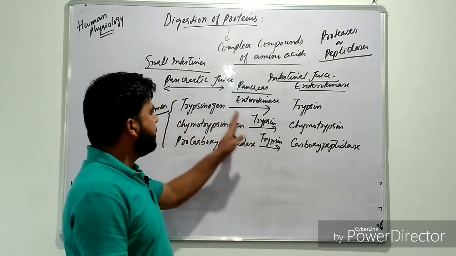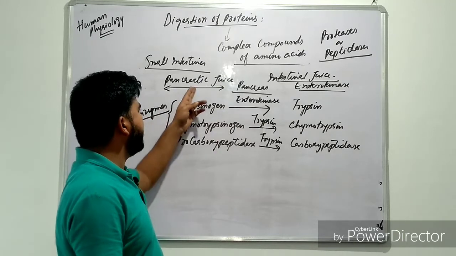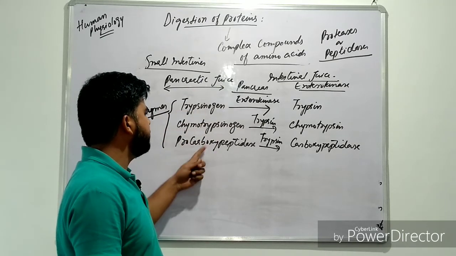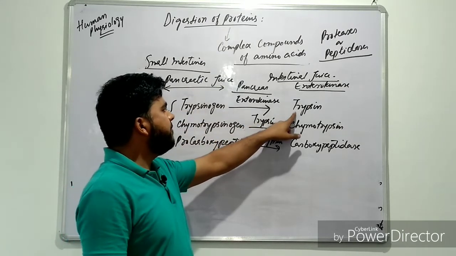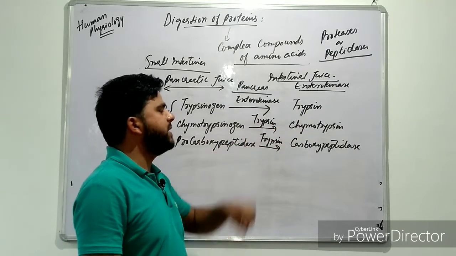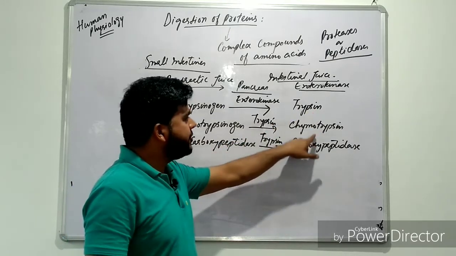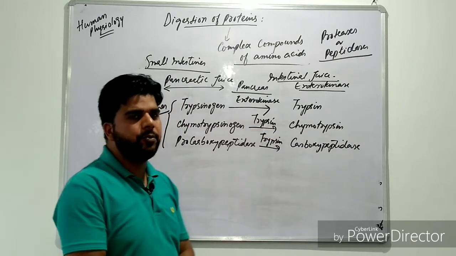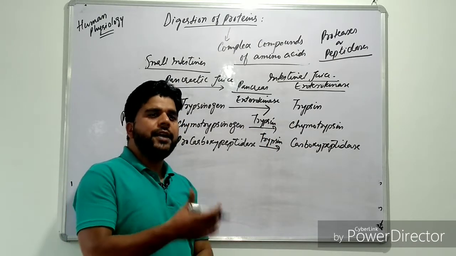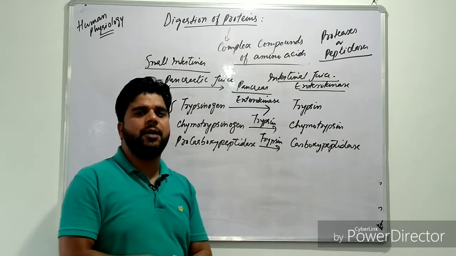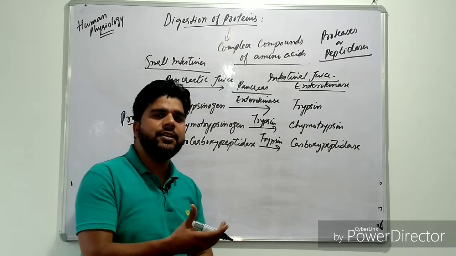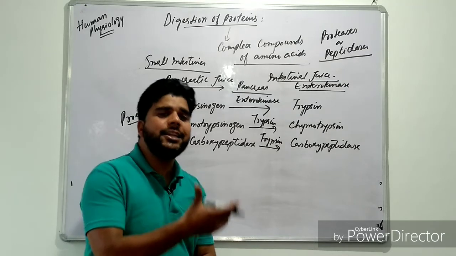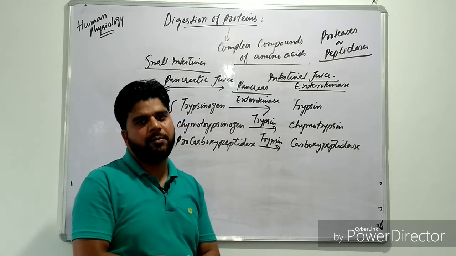So we had three proenzymes of the pancreatic juice: trypsinogen, chymotrypsinogen, and procarboxypeptidase. Now we have got the active forms of these enzymes, and they will carry out the digestion of the proteins. But what have we received from the stomach? We have received large peptides from the stomach.